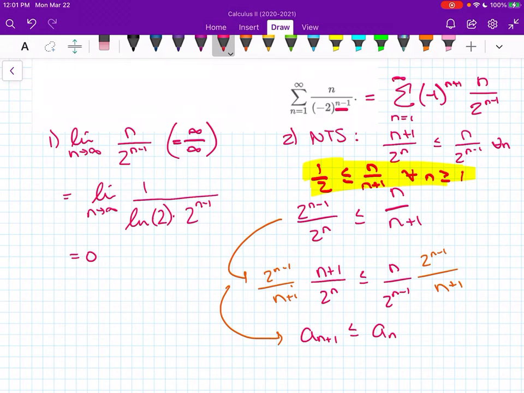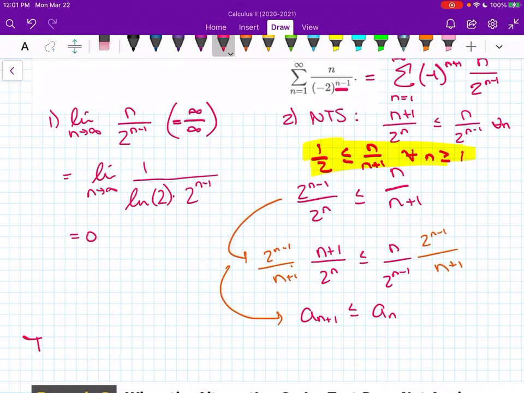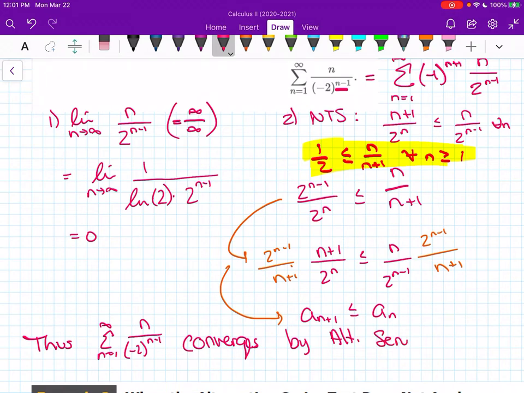So then we can say, yes, both conditions are met. So thus, my series from n equals 1 to infinity of n over (-2)^(n-1) converges by the alternating series test.